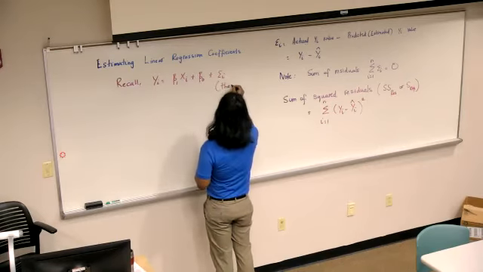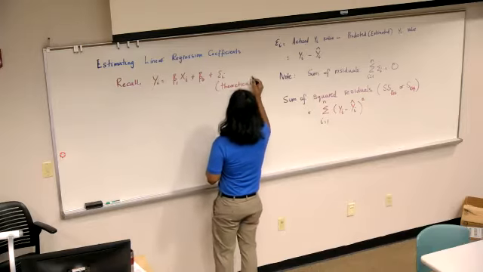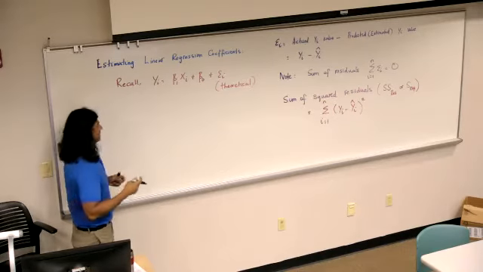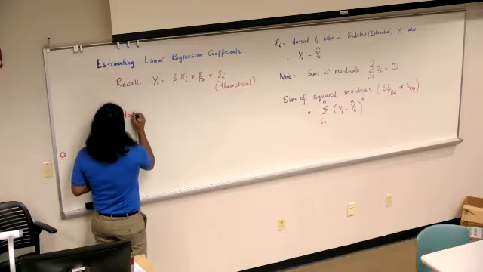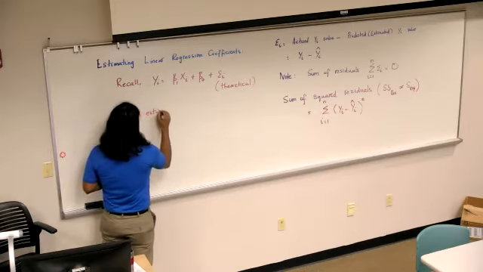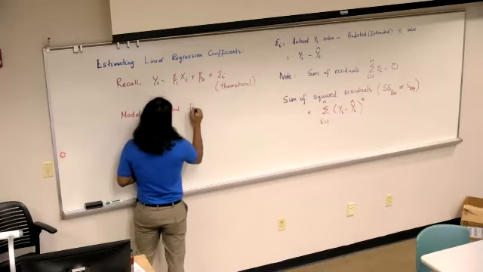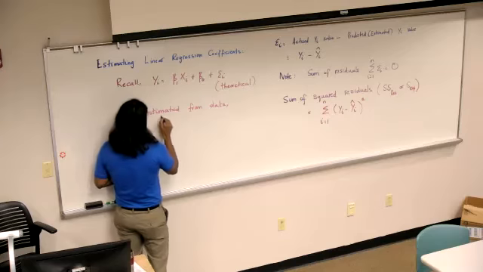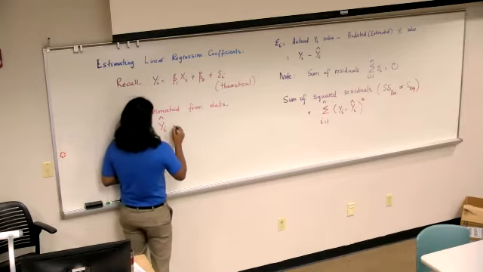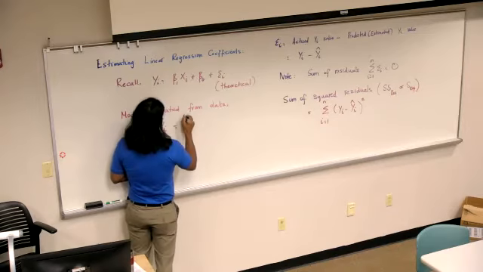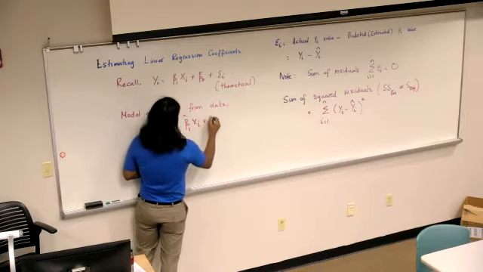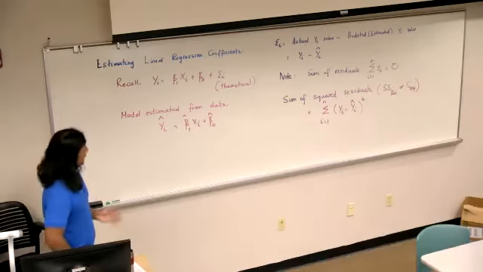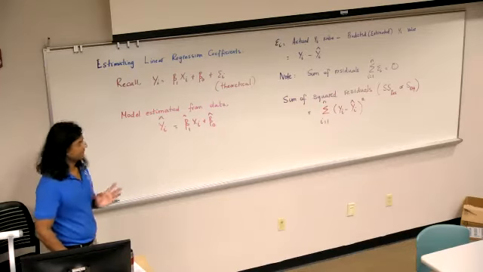So that is the theoretical model. And the estimated model, yi hat, equals beta 1 hat xi plus beta naught hat.